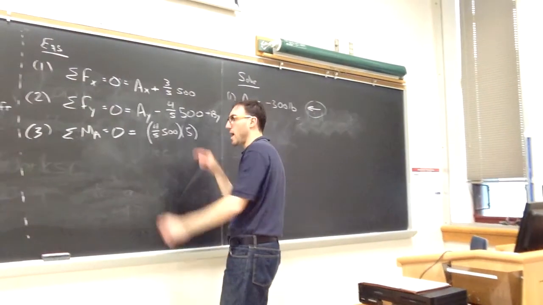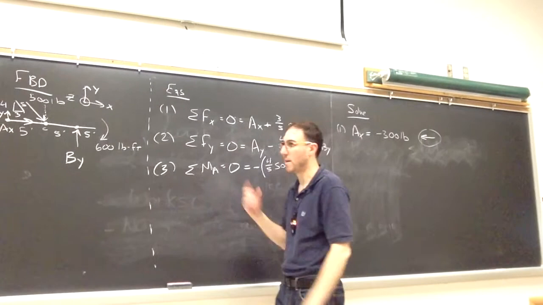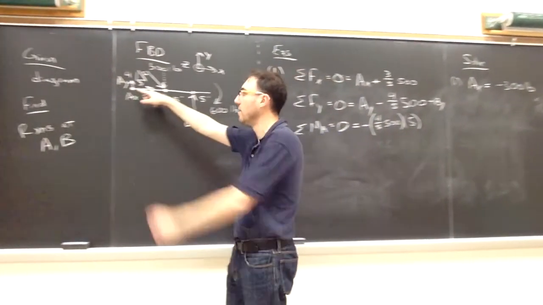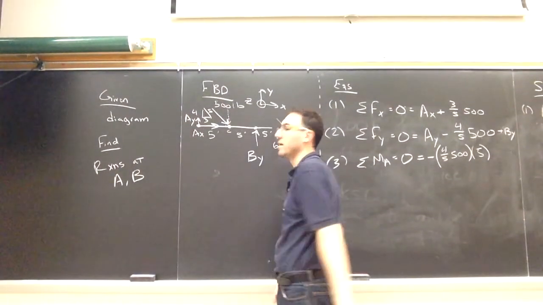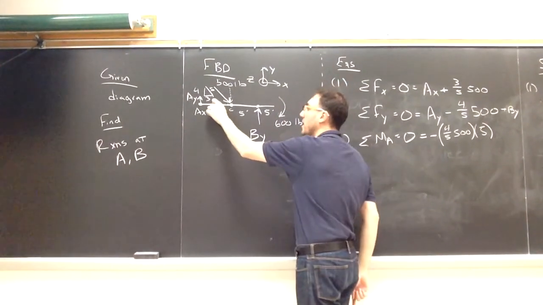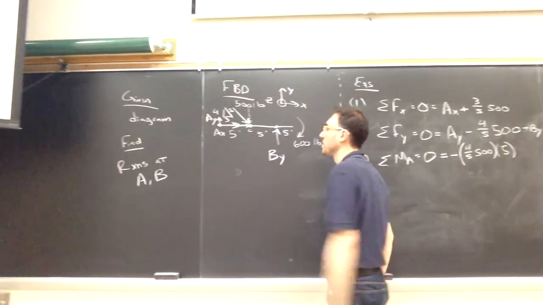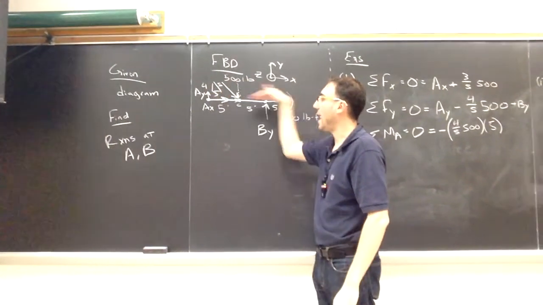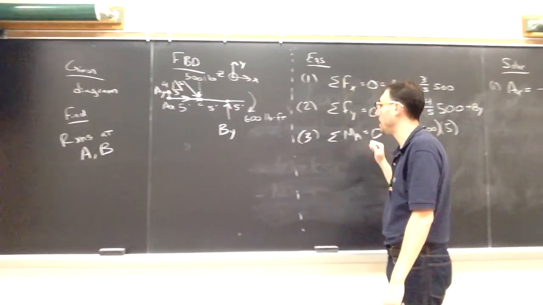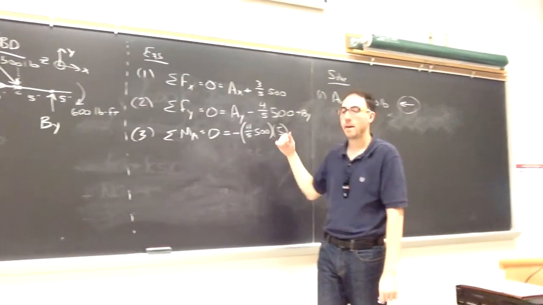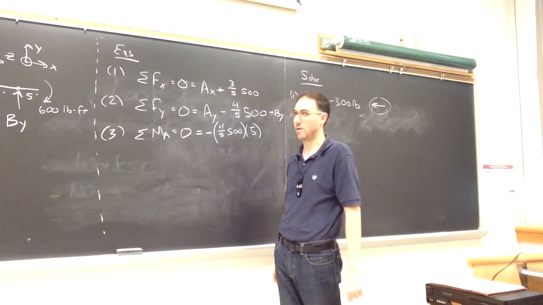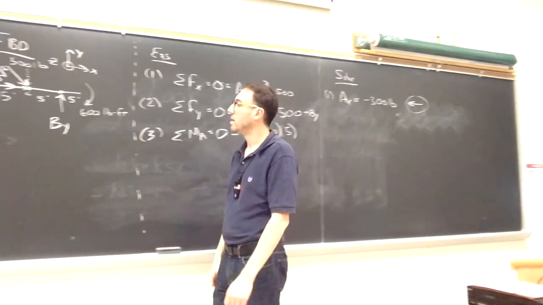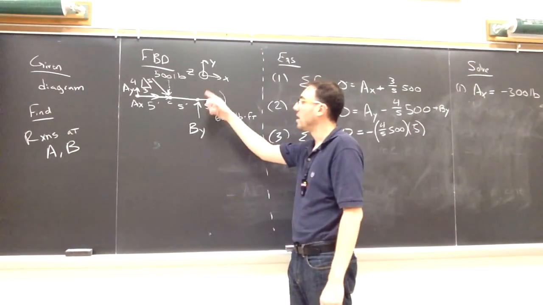Right, it's going to be clockwise around A, so it will be negative. Remember, we're back to scalar mode now. The horizontal component of this force has its line of action pass through A, so I don't need to include it in my equation because its perpendicular distance is going to be 0. Right, so that's taken care of.